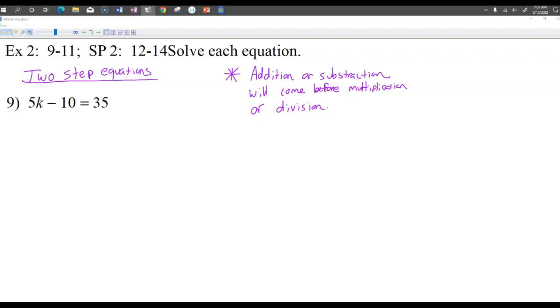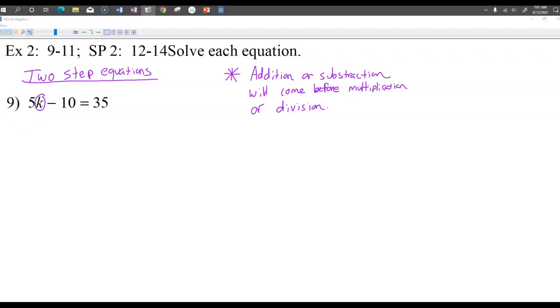Now, technically, you could do it in a reverse order, but it actually makes things a little bit harder if you don't do it in this order. So I'm going to stick with this order for the two-step equations. All right? So here's my variable. Now, my question is, what do I want to get rid of so that k is all by itself on the left side of the equal sign?